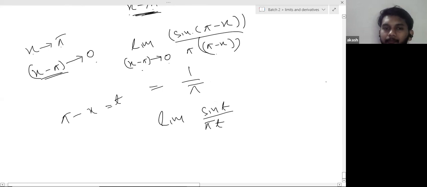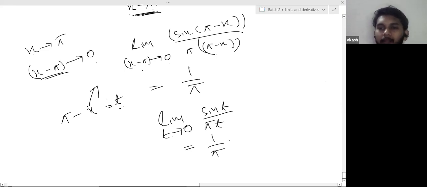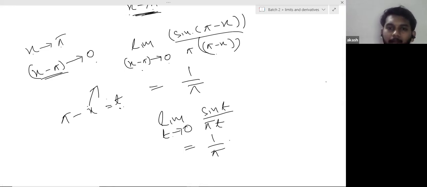In the limit, if x is approaching pi, then t will be approaching 0. So the question is changed into another variable in the standard format. So the answer will be 1 upon pi. You can use any of the methods, you get the same answer.